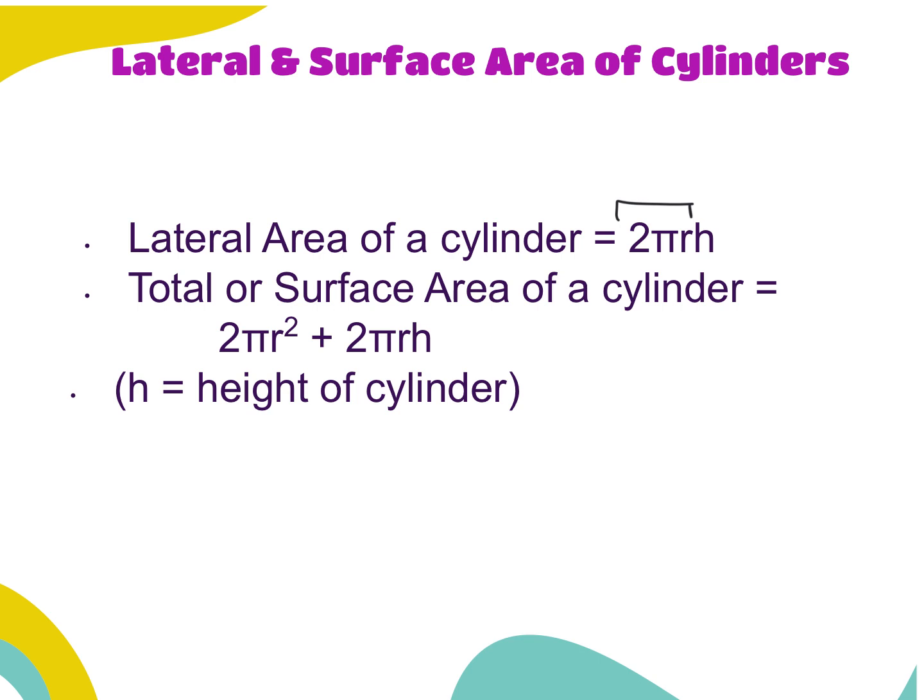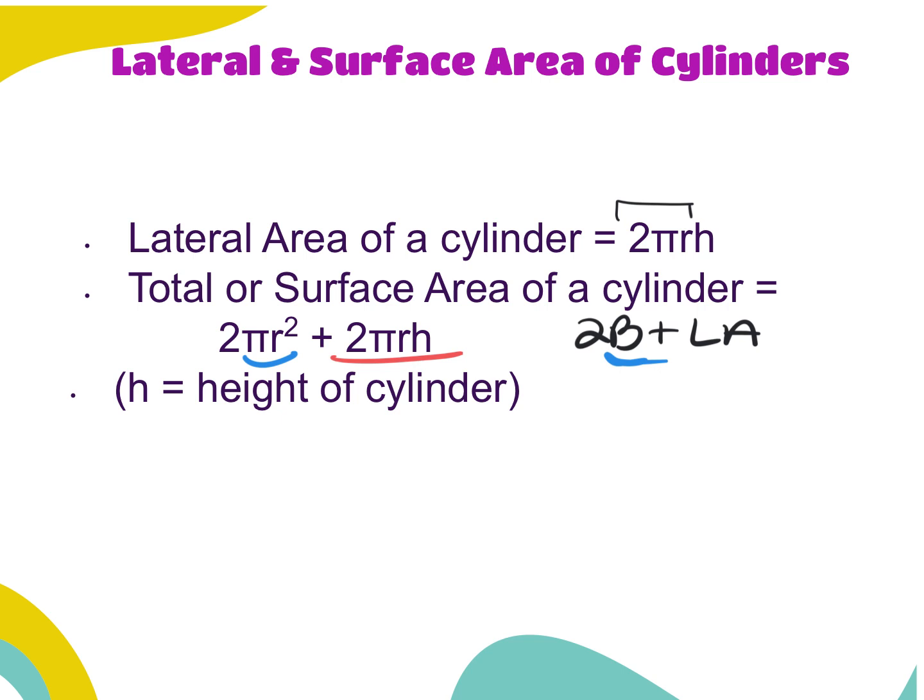And when you unfold it, it actually becomes the base of the formula, base times height. Then total area, again, this is going to be just like the prism, 2 times the base area plus the lateral area. Well, my LA, remember, is the 2 pi r height, and then my base shape, when it's a cylinder, is a circle, and that's why it's 2 times pi r squared.